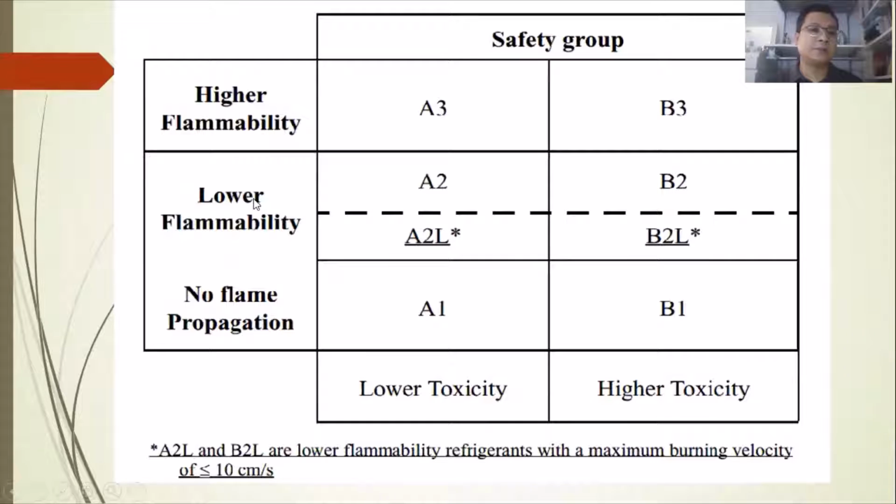Then we go to lower flammability, A2 and A2L. A2L is a lower flammable refrigerant with a maximum burning velocity less than or equal to 10 centimeters per second. High flammability is higher than 10 centimeters per second, given by codes A3 and B3.